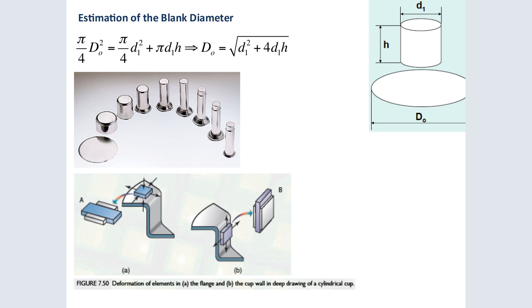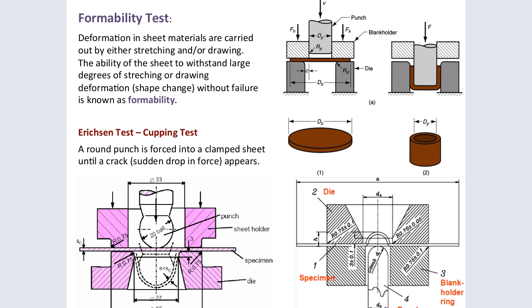The formula is given there: that is pi d squared over 4. So it is calculated, and then it finally comes to the final diameter, that is the blank diameter d naught, equals the root of d squared, that is the distance squared, plus 4 times the distance times the height.